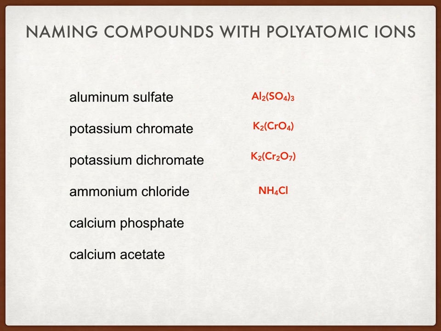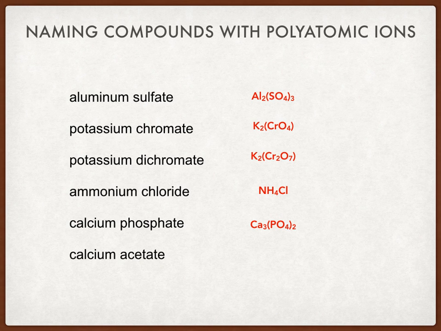So I'm sorry, calcium must be multiplied by 3 and phosphate must be multiplied by 2 in order to get to 6. So calcium, Ca subscript 3, parentheses, phosphate anion, close parentheses, subscript 2 to indicate that there are 2 phosphate anions for 3 calciums.